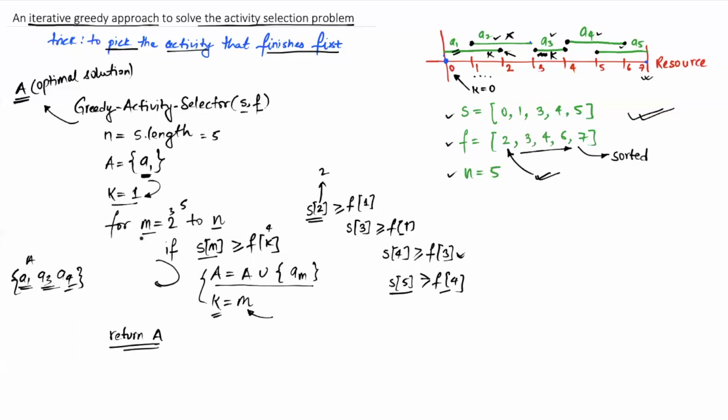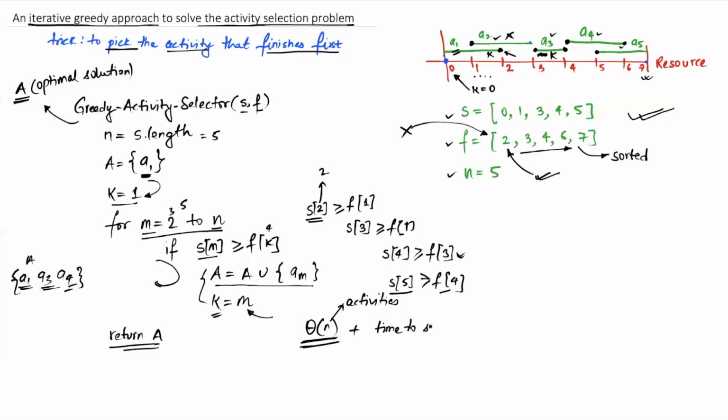Now, because we scan all the activities once, the running time of this algorithm is big theta of n, where n is the number of activities. Now, remember, this running time assumes that the activities are sorted by their finish time. If they are not sorted by their finish time, then the running time of this algorithm is big theta of n plus the time to sort.